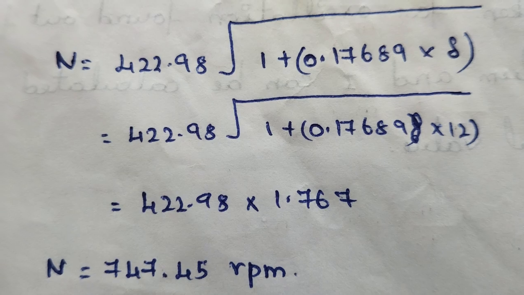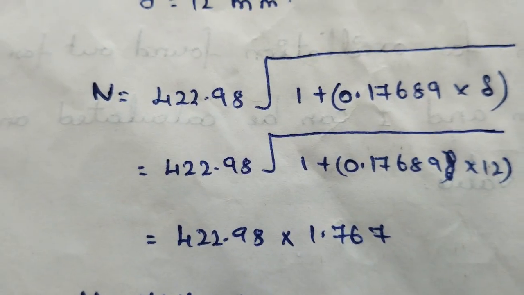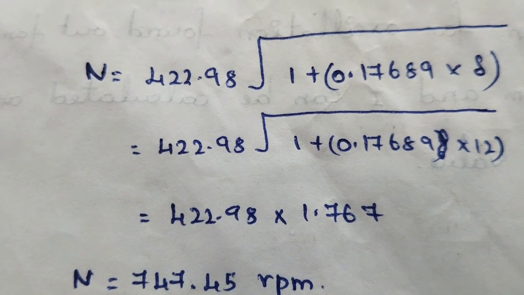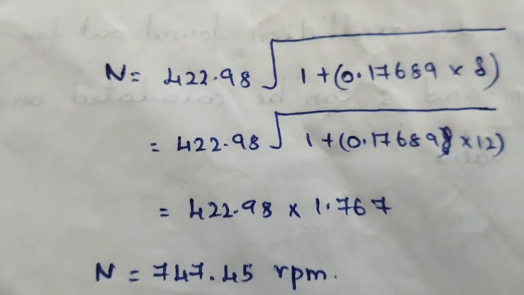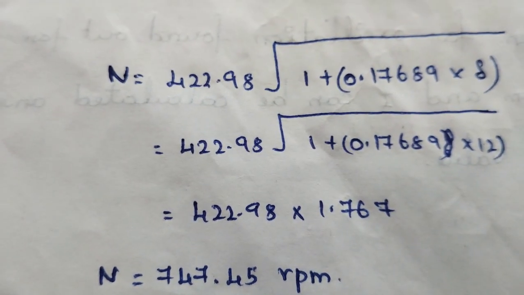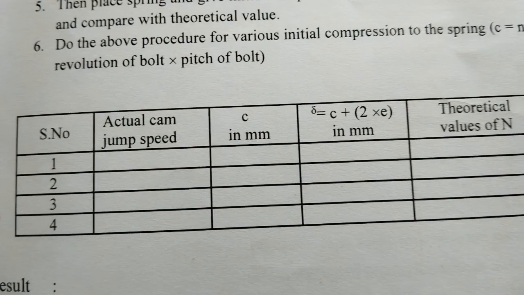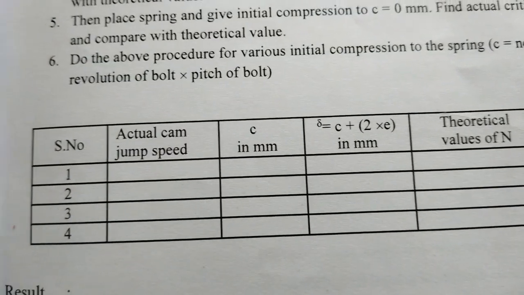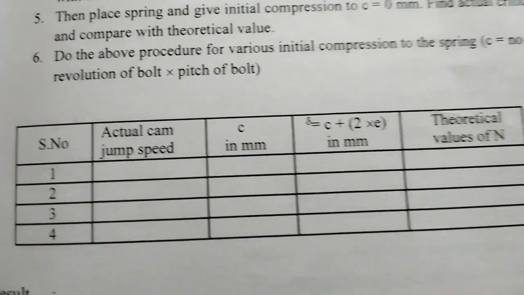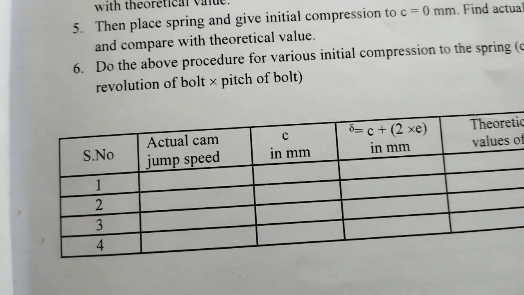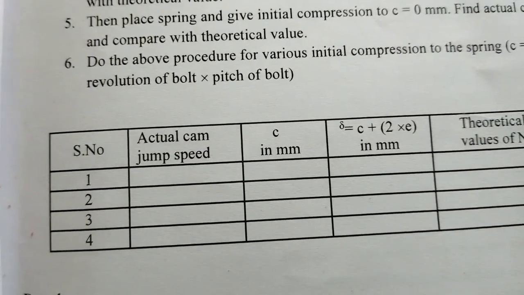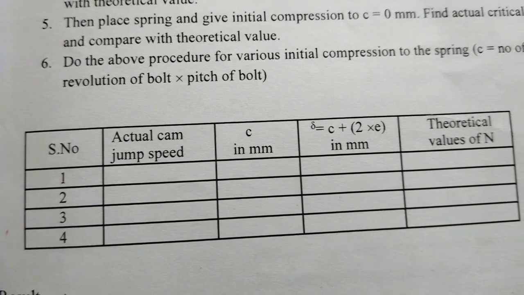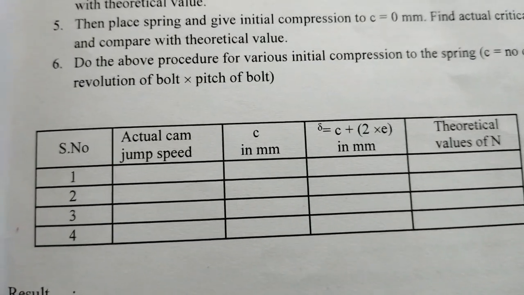Finally we got N is equal to 747.45 rpm. So this is the one model calculation, and similarly we follow the others. As the result, the cam jump speed is determined for the variation of the cam rotation.